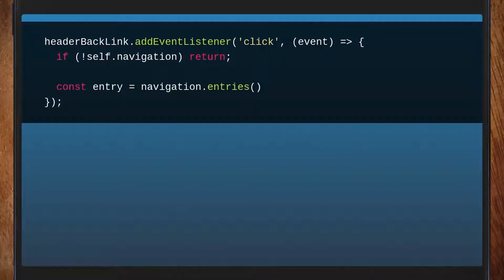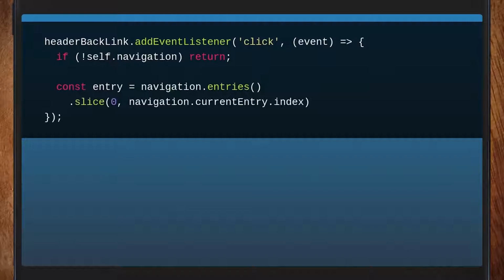Otherwise, we're going to get hold of these entries. I'm going to slice them from 0 to the current entry's index. And that means now I've just got a set of the back entries, because we might be in the middle of a set of entries, so there might be forward ones as well.